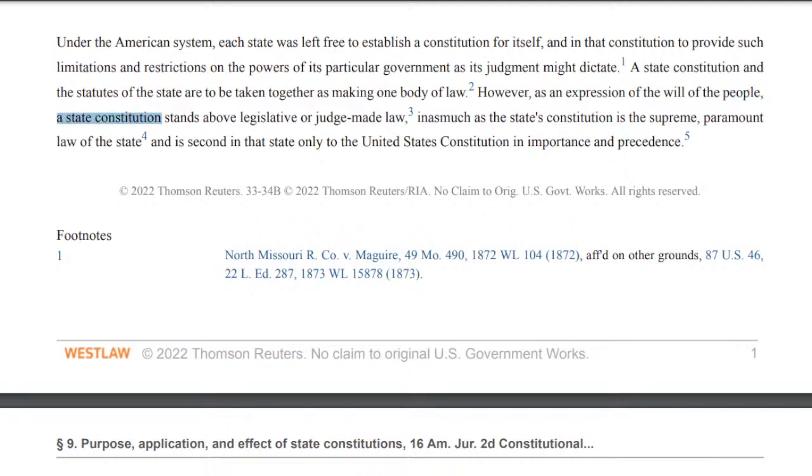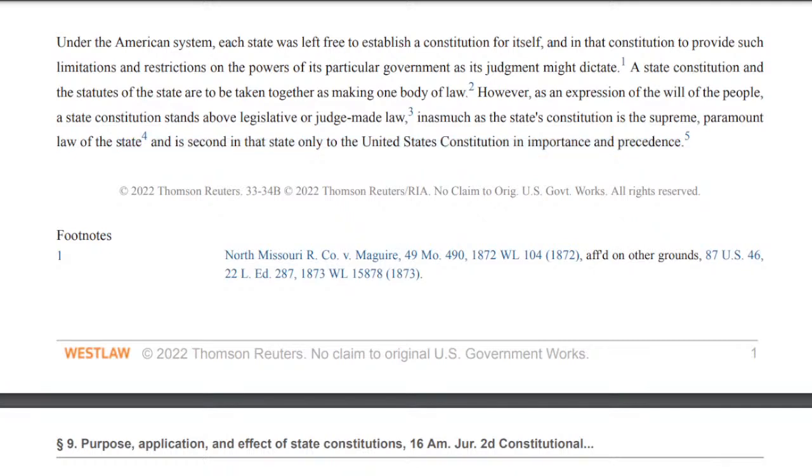A state constitution stands above legislative or judge-made law, inasmuch as the state's constitution is the supreme, paramount law of the state, and is second in that state only to the United States Constitution in importance and precedence.